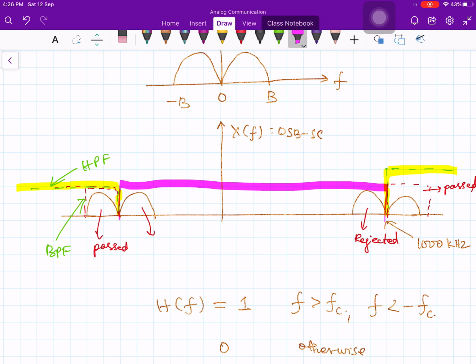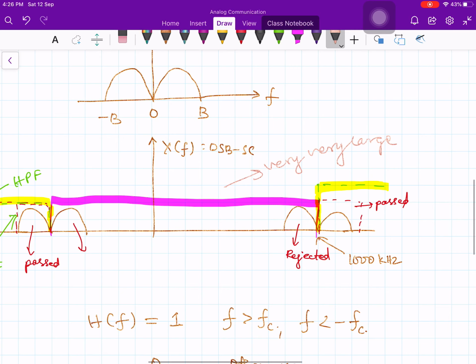So this is a very, very large bandwidth for the low pass filter. So we will not use a low pass filter, and we will not retain the lower sideband. Generally, we will like to retain the upper sideband, because realizing such a very large bandwidth low pass filter is a little difficult.